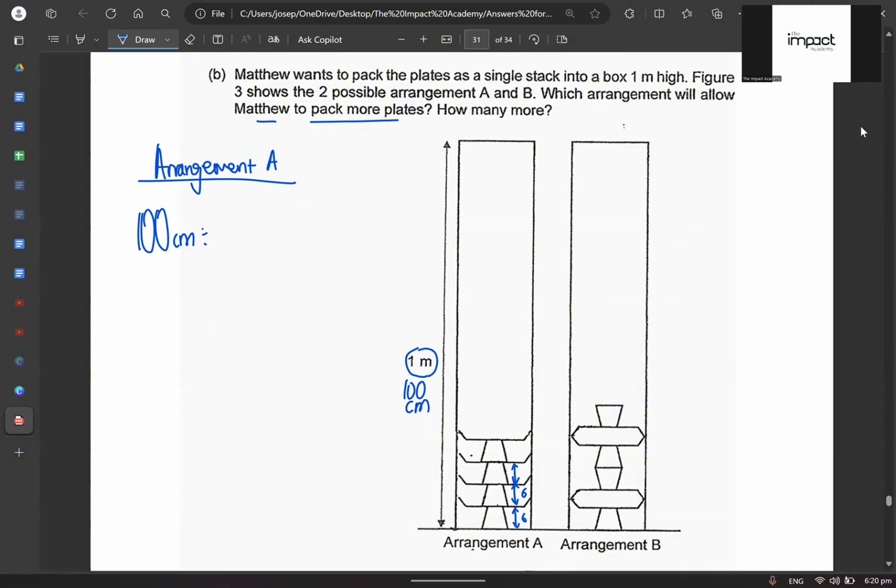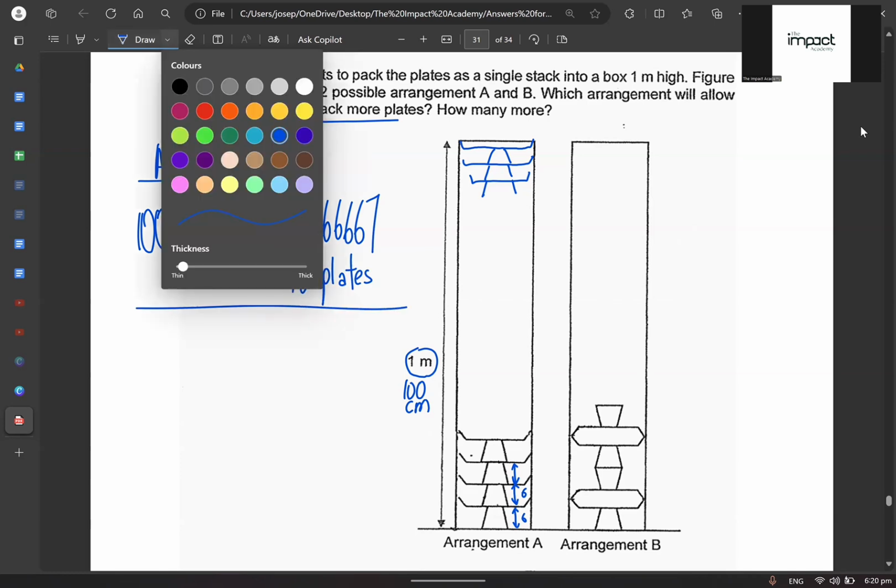There isn't any stacking inwards, everything is the same. So 100 divided by 6 cm, you get 16.66667. Can I have 16.66667 plates? No, I can only have 16 plates. Agree or disagree?